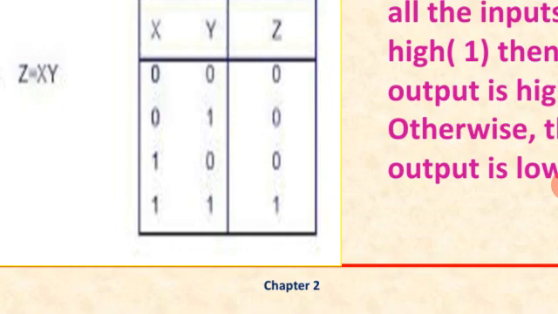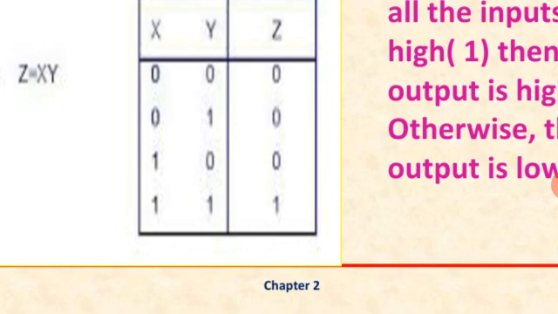You can see here, why it is like that? Because Z represents output. What is the output of AND gate? In the last class, I have told you what the AND operation is. AND represents the logical multiplication operation, so X into Y. When I multiply 0 into 1, the result will be 0 only.